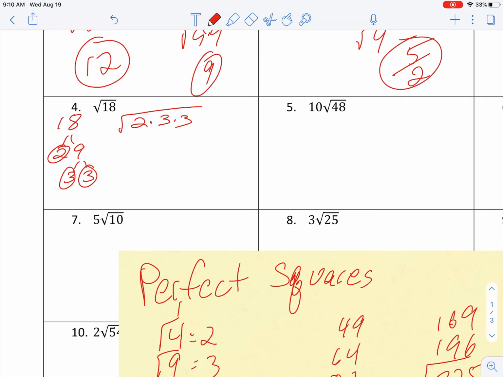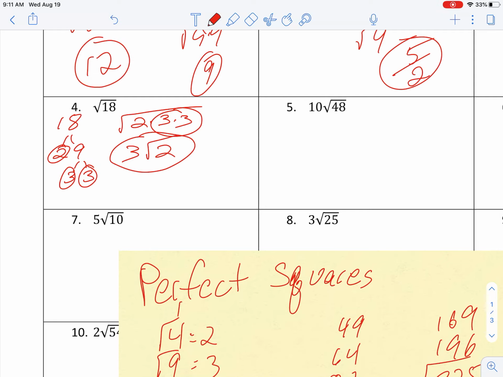In this case, I got a pair of 3s. Well, pairs make perfect squares. 3 times 3 is 9, and what's the square root of 9? A 3 comes out front then. 2 does not make a perfect square. There's not another 2 to make a pair with it. So that 2 stays underneath, and the square root of 18 simplifies down to 3 root 2.